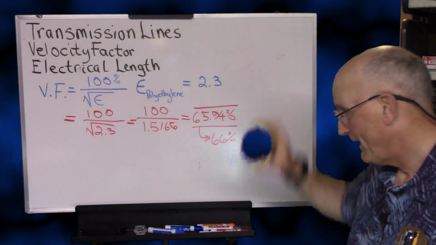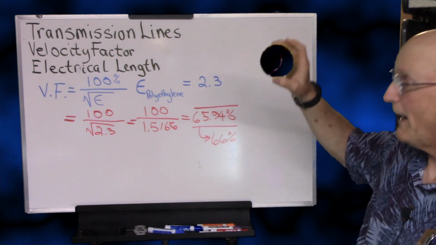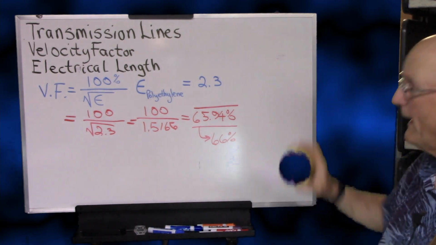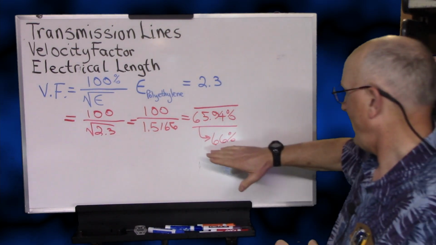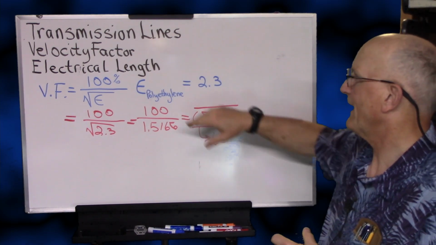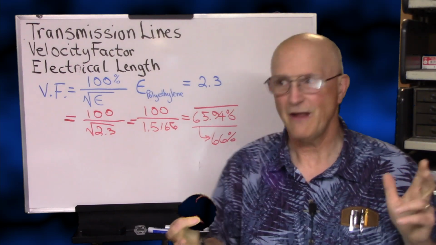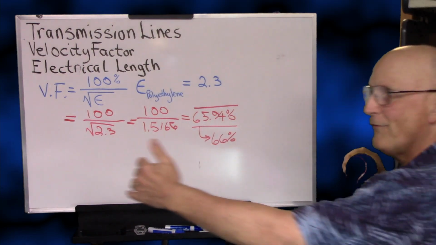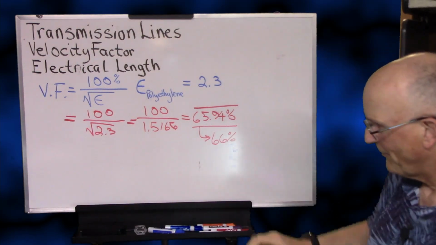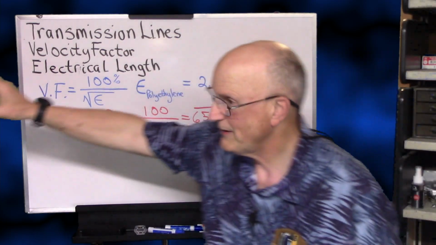And so here you are, you got this oscillating voltage, and the higher the velocity factor, the closer that it is traveling to the speed of light, the further apart those dips are going to be.